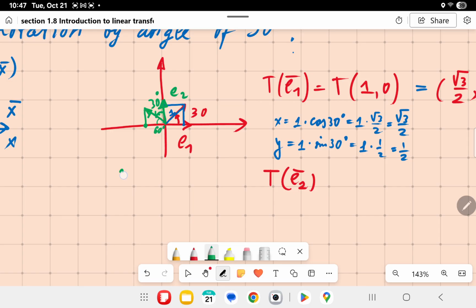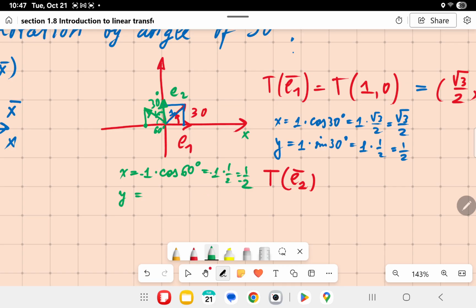So x here is going to be equal to 1 multiplied by cosine of 60 degrees, and that's 1 multiplied by 1/2, which is 1/2. And by the way, guys, it's going to be negative, because it's in the negative direction of the x-axis. I don't have space, but we are going to consider minus 1/2.